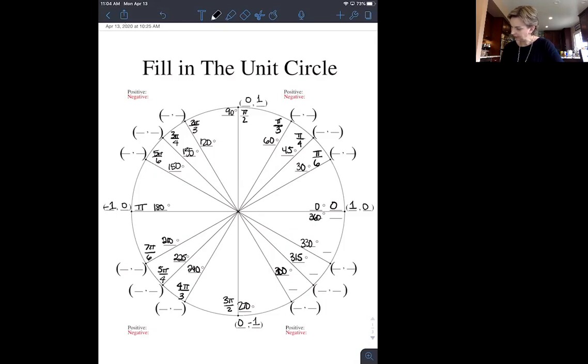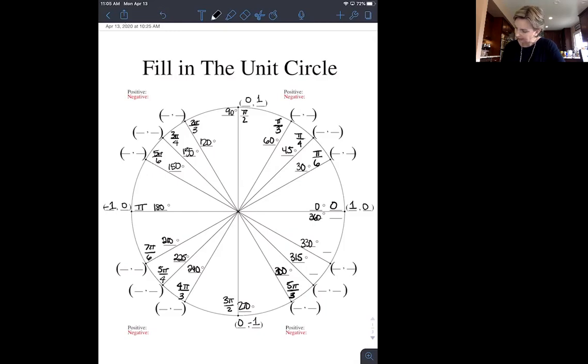Okay, now we're moving over here to the 300, right? That's 2 pi minus 60, or 300. And then we do our conversion, and when we simplify, we get 5 pi over 3. Okay, and we do our conversion on 315, multiply 315 by pi over 180, and then simplify.